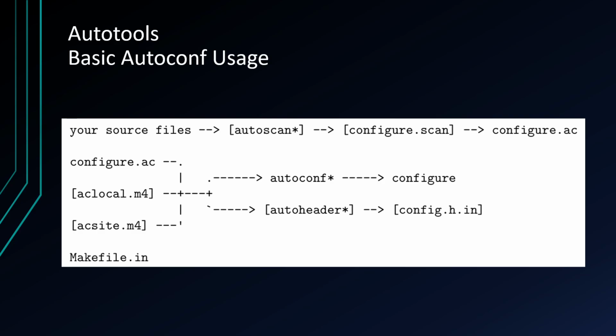It's unlikely you're going to see a customized acsite.m4. And those feed into Autoconf itself, and you get a configure script out. And the configure script is what you include with your software distribution, and that's what the person who's going to build your package will run.